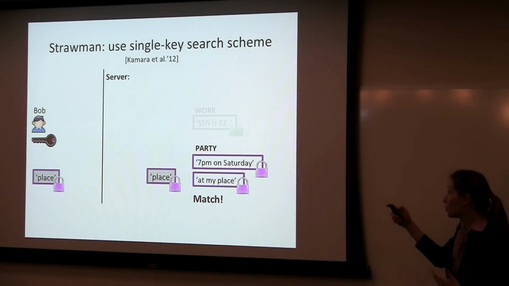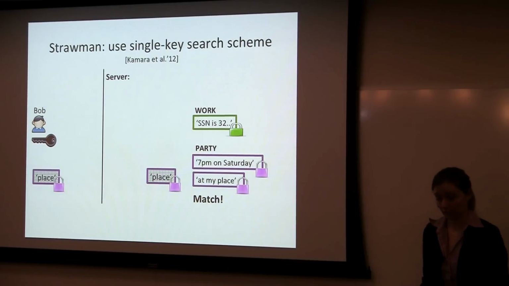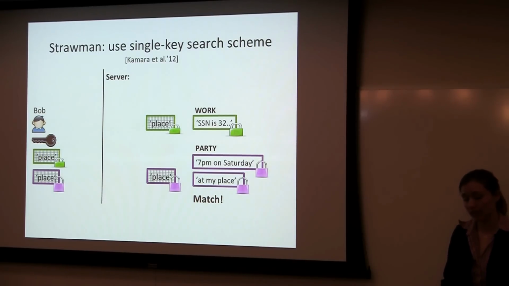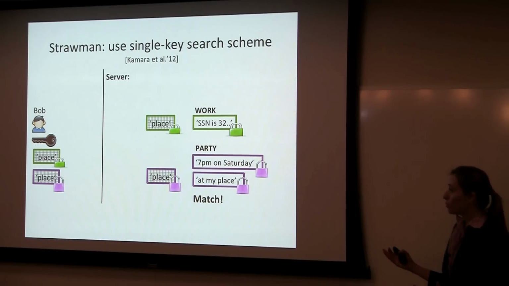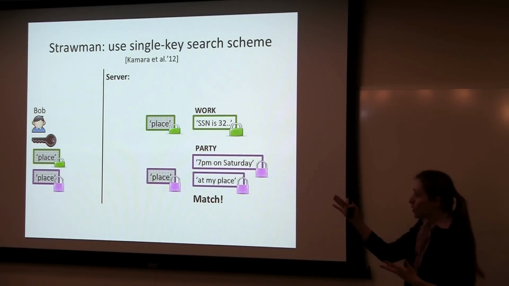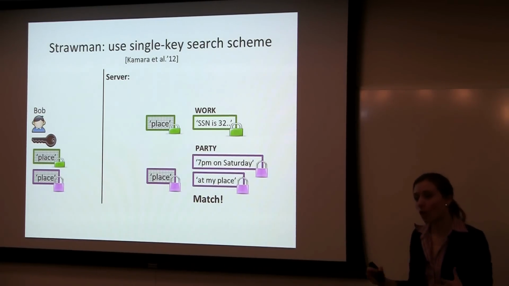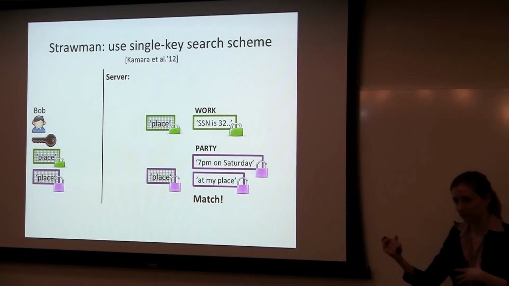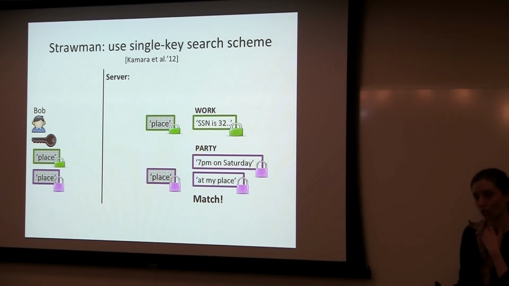But if we want to use this in our multi-key setting, we have to repeat it for every single key. So we'd have to encrypt the word place under each different key and then send it to the server. The problem with this is that it's very slow, not so much because Bob has to encrypt the word under each key, but because obtaining each key is a slow operation. It has to go through all the principal certification graphs and all the various checks that Mylar does.